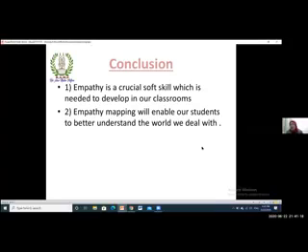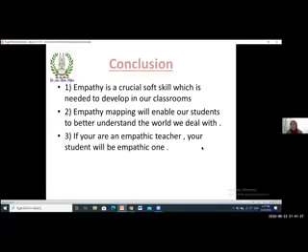The better we understand the world we deal with, the smarter a person you are if you can know more and more about people. Number three, if you are an empathic teacher, your students will be empathic ones.